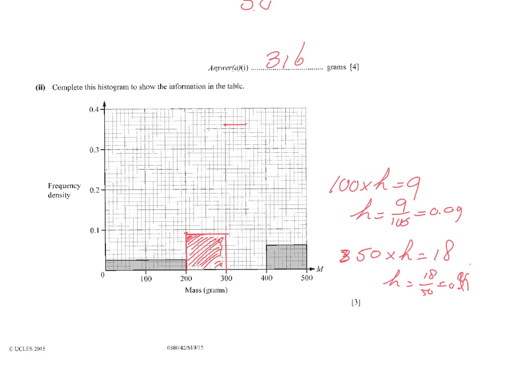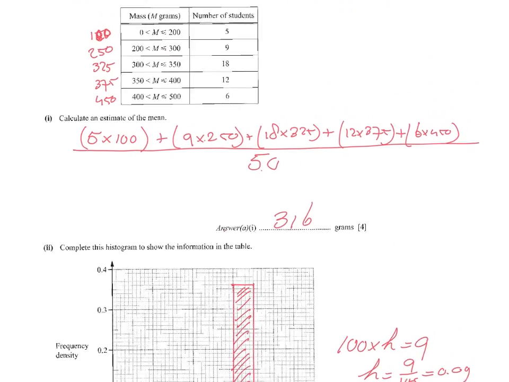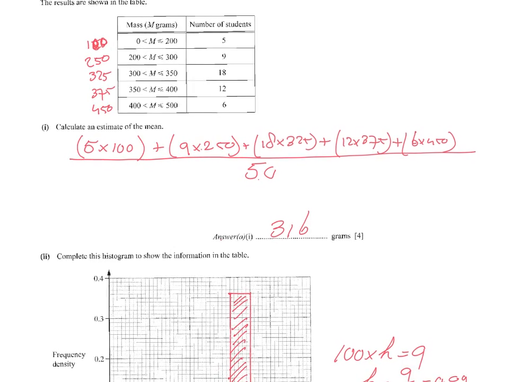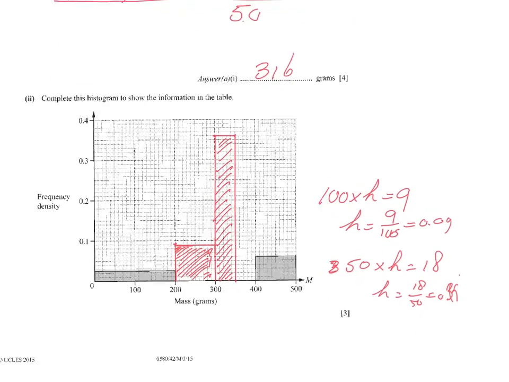There we go. Now, because this is such a narrow group, it's only 50 wide, it becomes so high. Again, you don't have to shade it. If you shade it, make sure you do it nicely. Otherwise just leave it blank, please. Last one, again, the width is 50. Now we have 12 people.